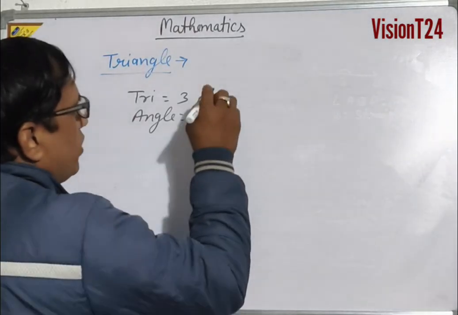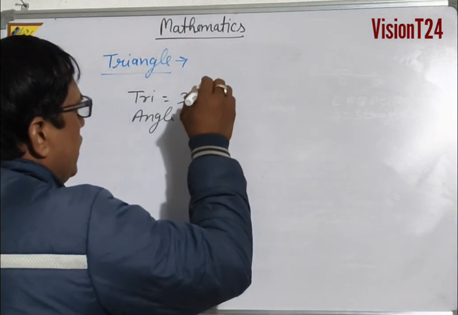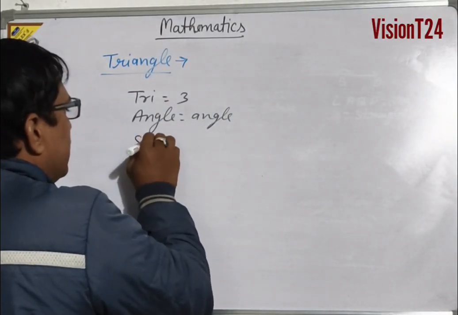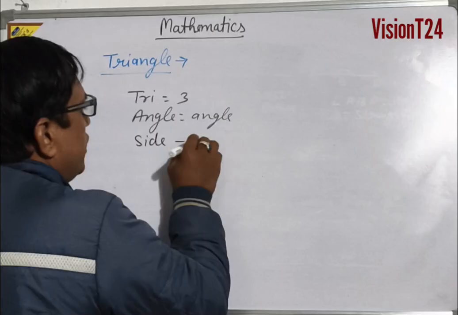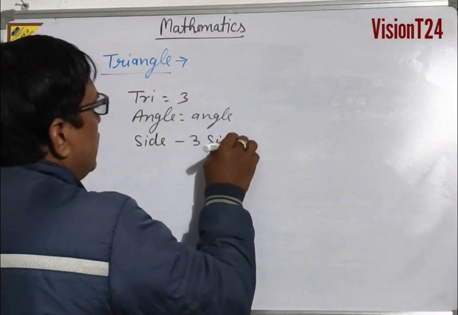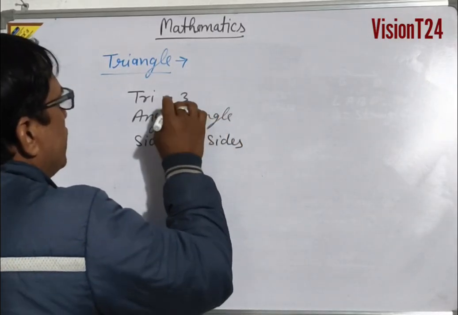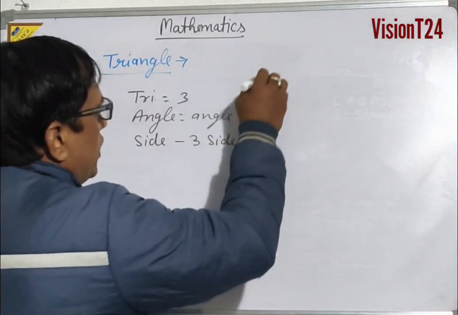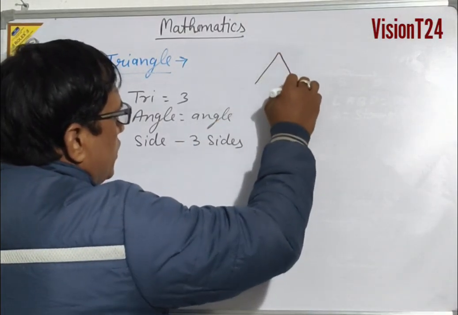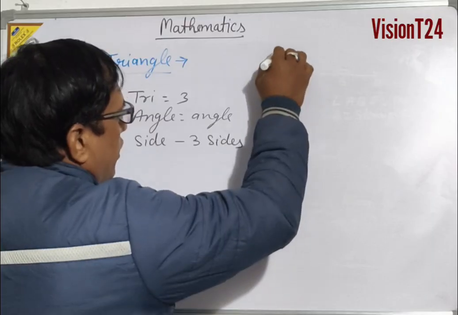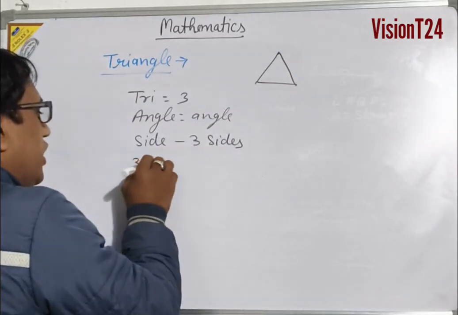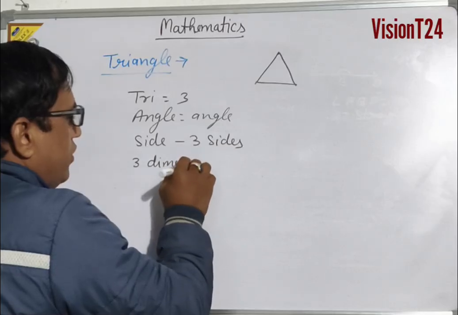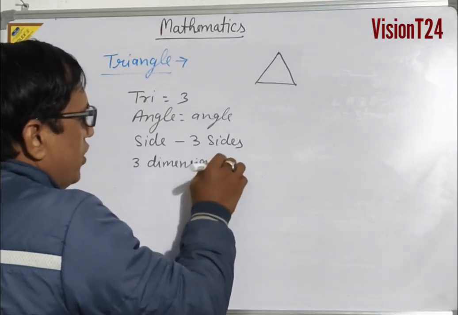Angle, do you know? The meeting point of sides. It means there will be how many sides? Three sides. How many angles? Three angles. And how many sides? Three sides. So that type of shape is called triangle. This is a three-dimensional figure.